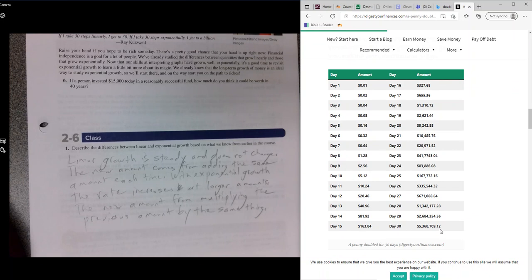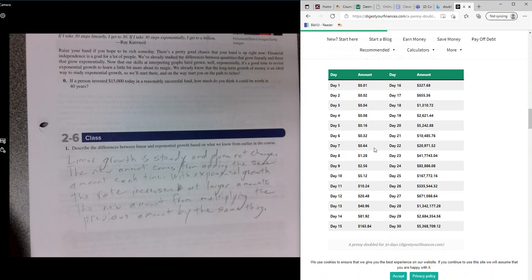Does everyone follow that? And that's just from doubling the penny every day. Now, if you were to just add a penny every day, this would go 1 to 2 cents, then 3 cents, then 4 cents, and so on. You wouldn't even have $1 after 30 days if you just added a penny each day.